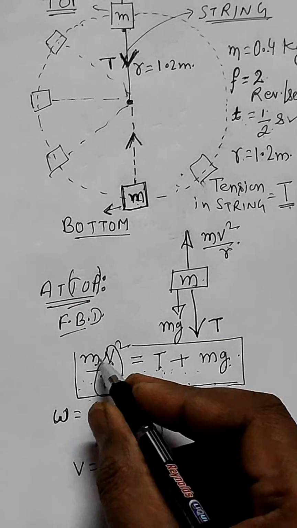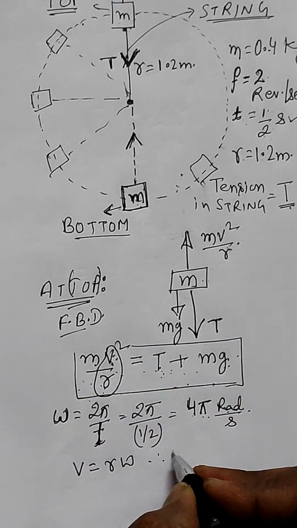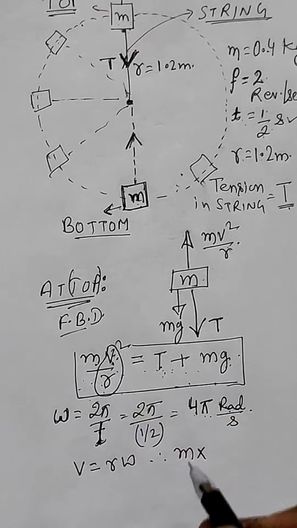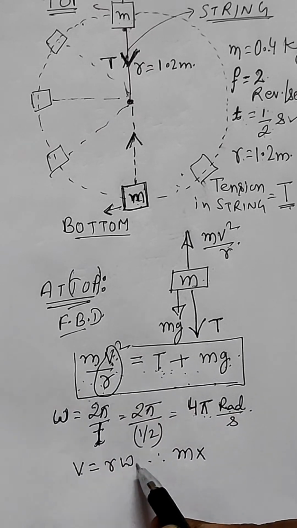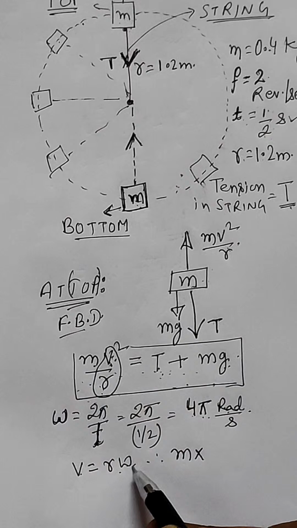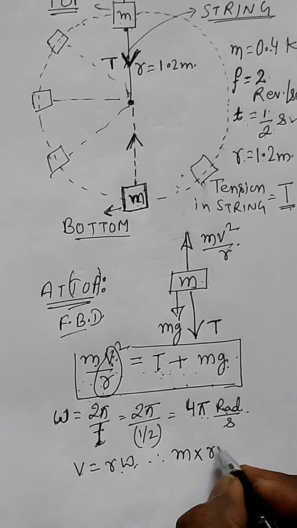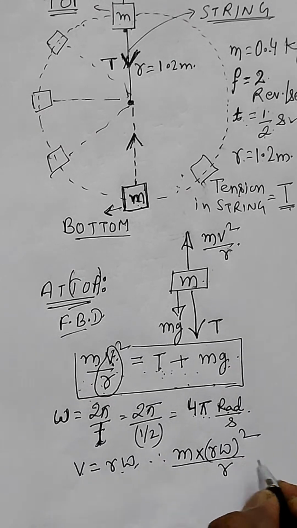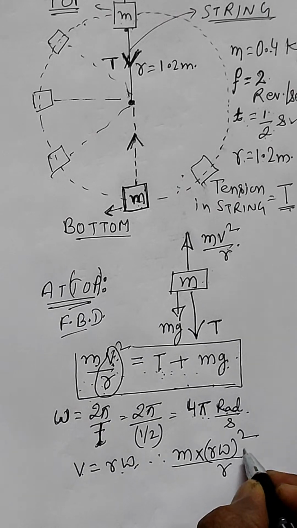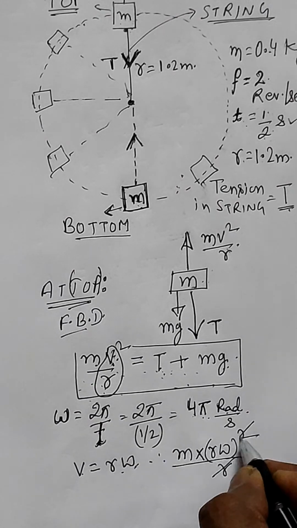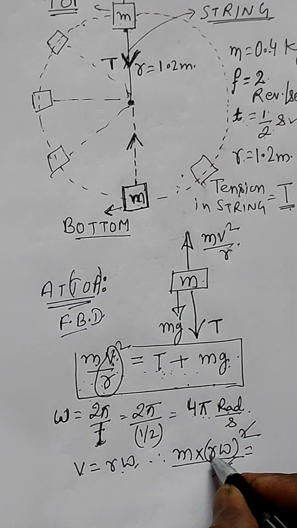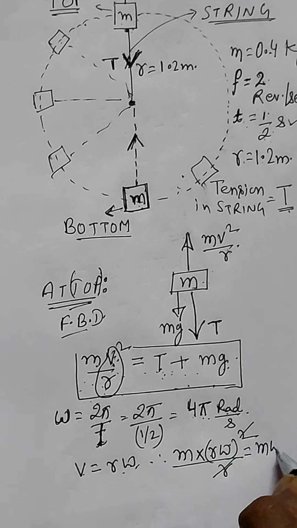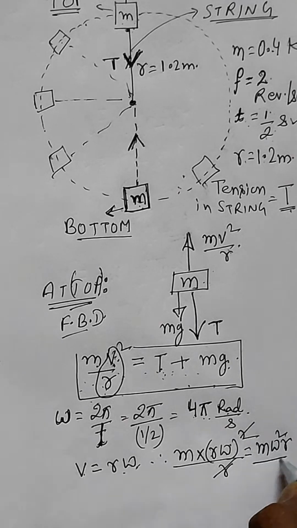Therefore, mv square by r can be written as m into, in place of v, just put r omega, right? Then it will be r omega whole square divided by r. One r will be cancelled out. So this will give you m r omega square, right? So this will give you m omega square into r, right?